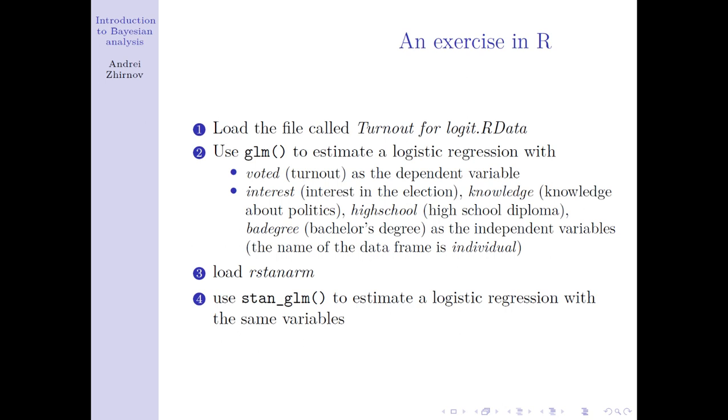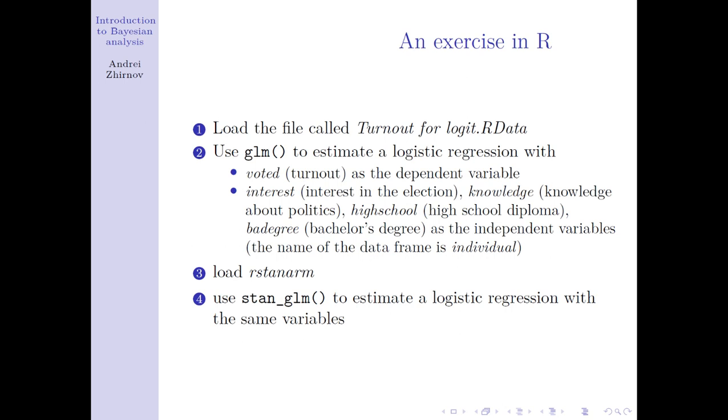At the second step, please use the glm function to estimate a conventional logistic regression using maximum likelihood estimation. I would like you to use the variable called voted as your dependent variable. This is a binary indicator of turnout. I want you to use the variables called interest, knowledge, high school, and BA degree as the independent variables.